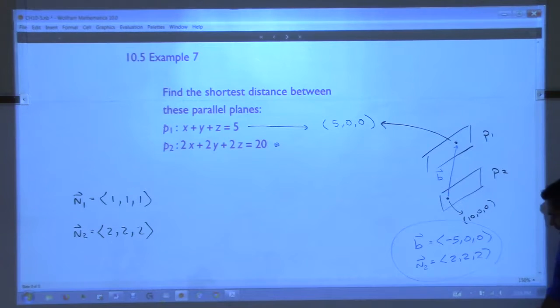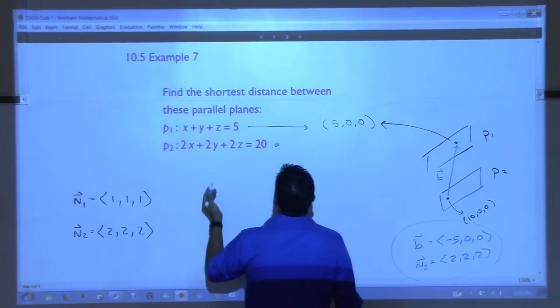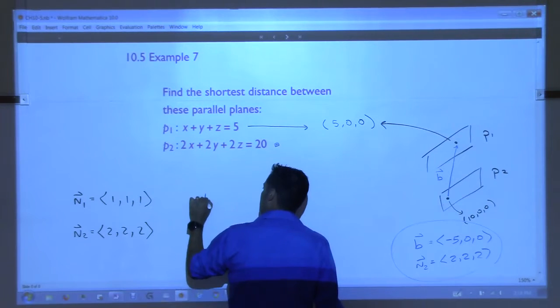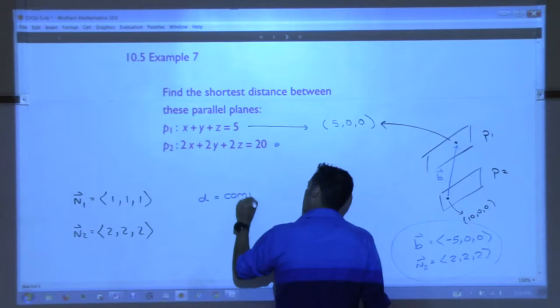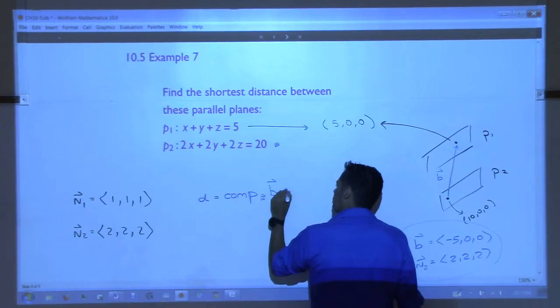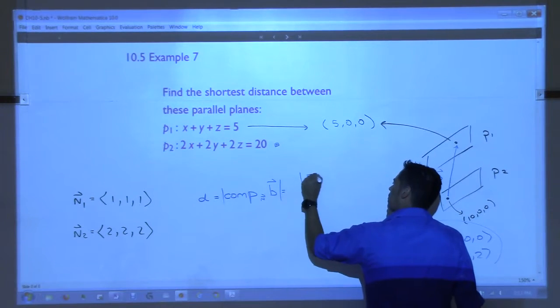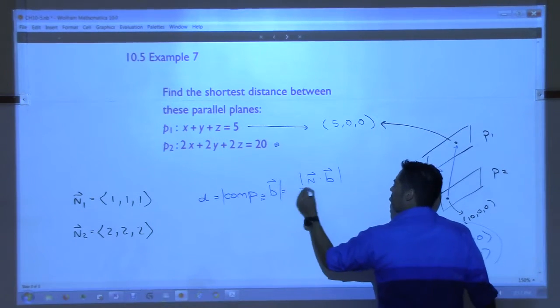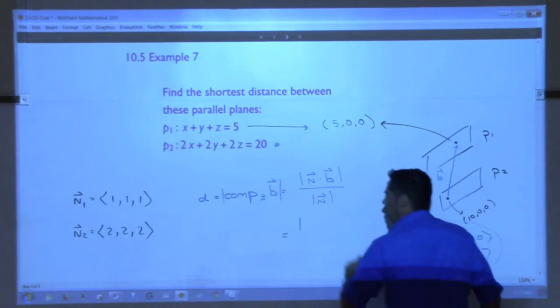I'm going to stick with this though. So our distance, the shortest distance, I'm going to call it little d, should be equal to the absolute value of the component of b onto n, which will be this over this. Okay, let's do the dot product.